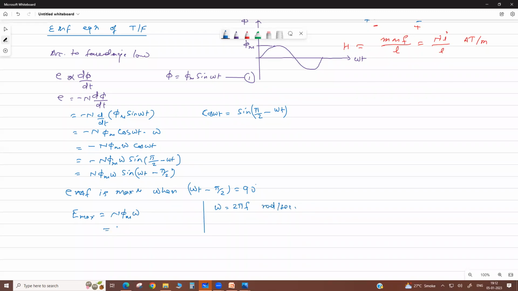So if we put this, N phi m 2 pi f, or we can write 2 pi phi m f N, where phi m is the maximum flux, f the frequency and N the number of turns. Okay, this is the E maximum.